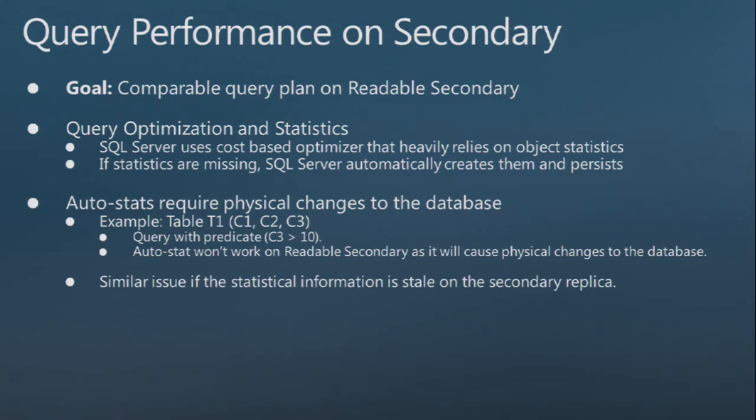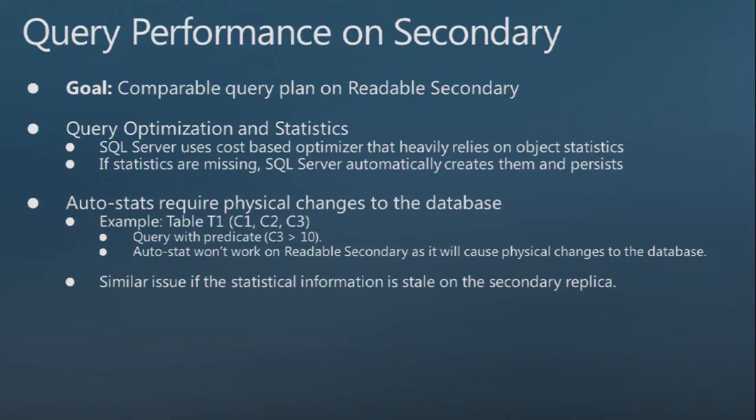Now I go to the secondary and I do the query, say give me all the rows where C1 is greater than something, okay? Or C3 greater than something. When I say that, since the readable secondary cannot really create the statistics, it will use the stale statistics, which is only one row, and as a result, it will generate the inferior plan.